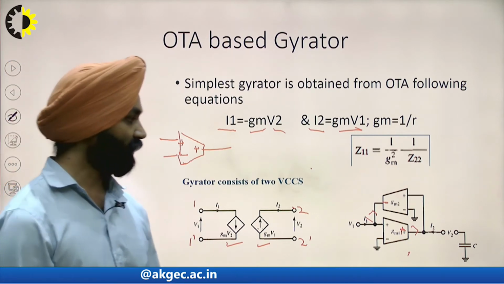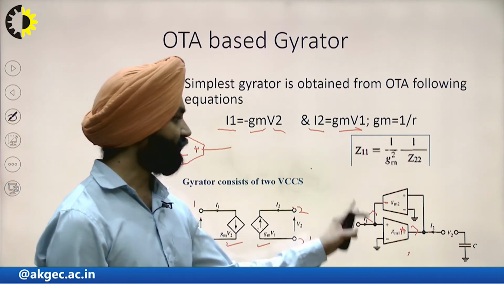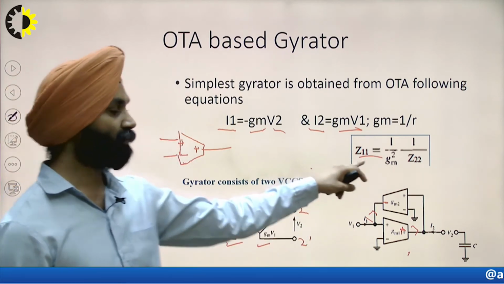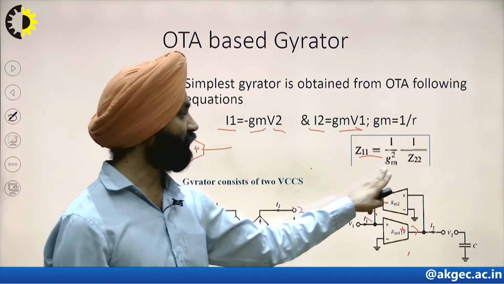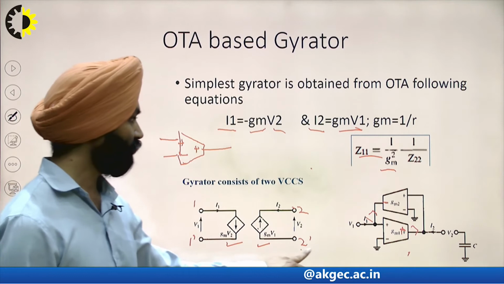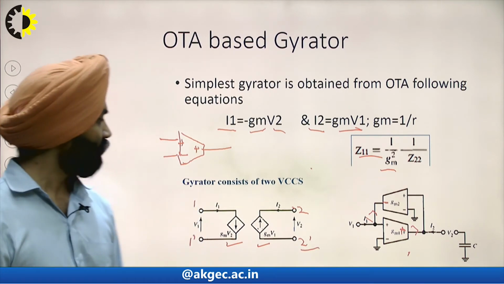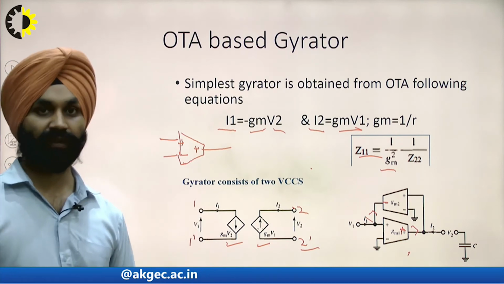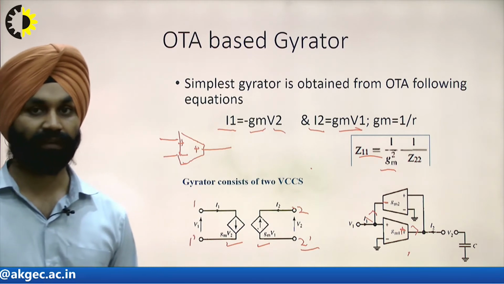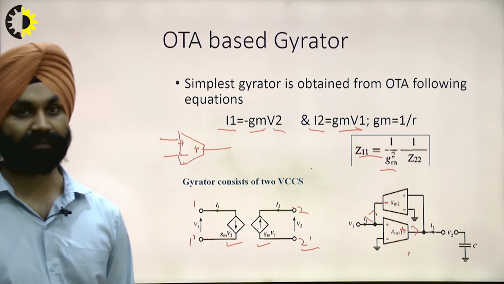If we use transconductors, we can create Z11, the input impedance, which is equal to 1 by Gm square into 1 by Z22, the output impedance. The OTA and transconductors we will also discuss in brief in the next unit, the 5th unit, which is based on OTAs.